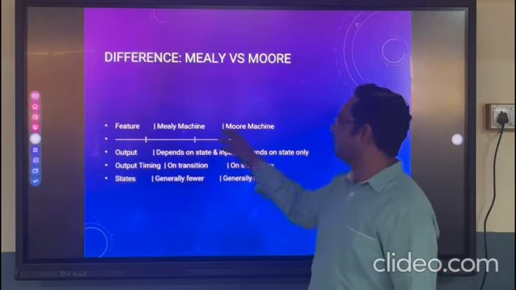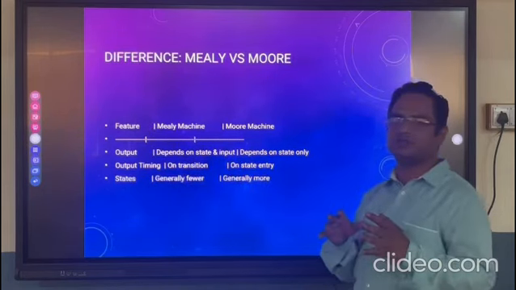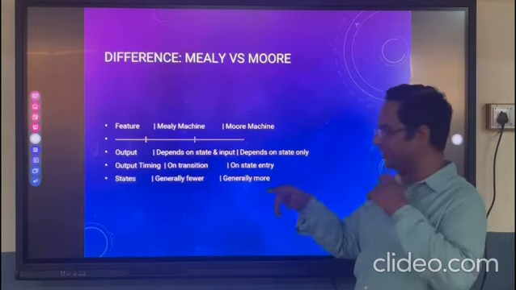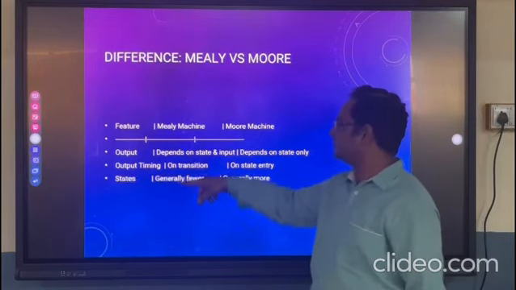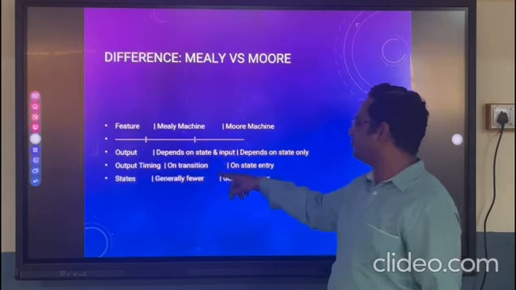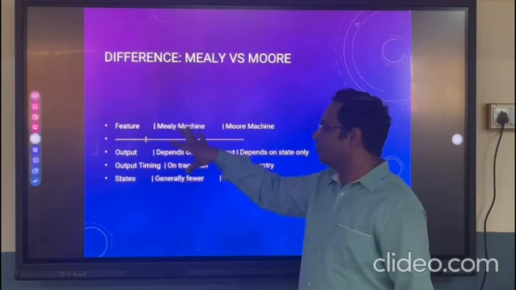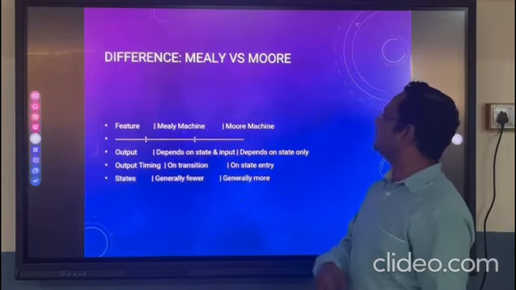The next feature is the states. The states we are using here are the initial state, final state, and transition state. In the Mealy machine, the number of states is generally fewer, while in the Moore machine it is generally more.